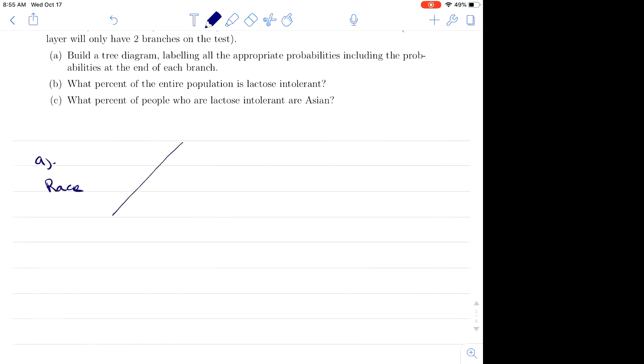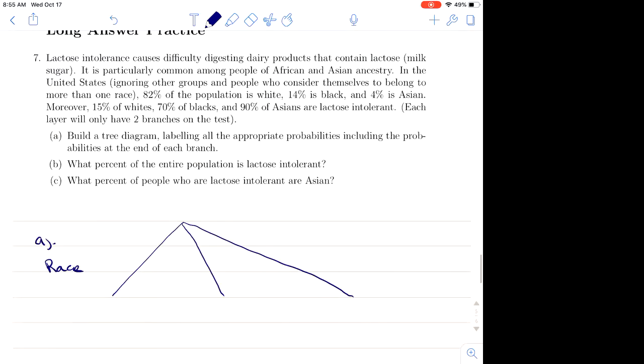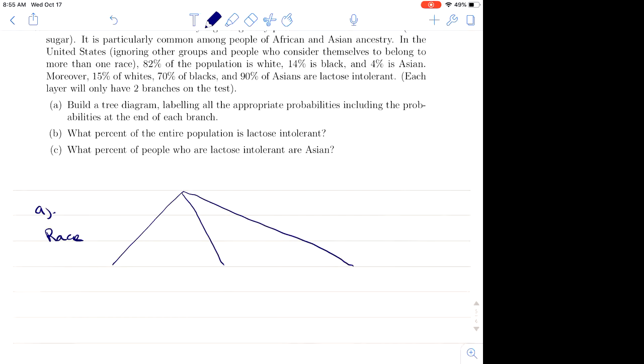We want to give ourselves lots of room here, right, because we've got 3 categories for race. Okay. So we're going to start with white. The probability of going into the US and pulling out a randomly selected white person is 0.82.